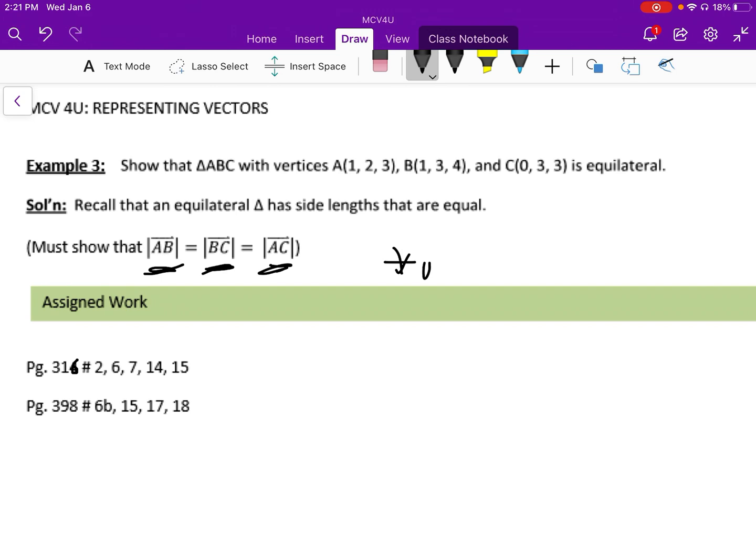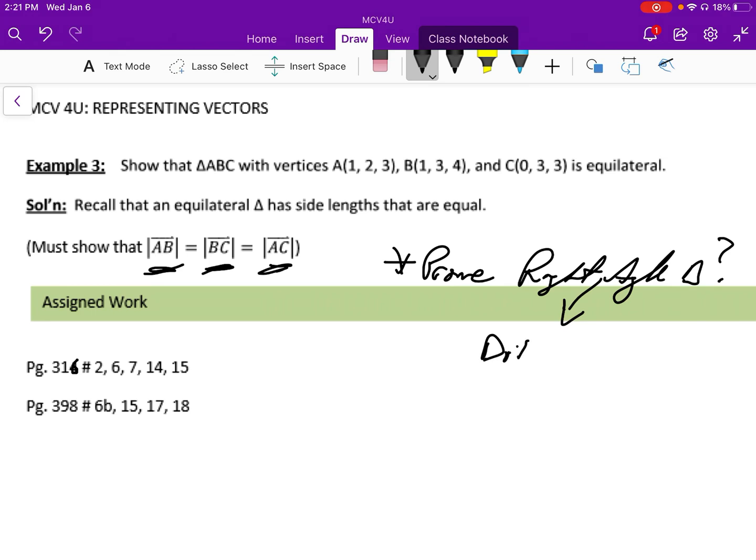As a thought, what if it's a right angle? What if it says to prove that you have a right angle triangle? What would you use to prove it? What could you show? A right angle means that the dot product between the two vectors, the sides, is equal to 0.